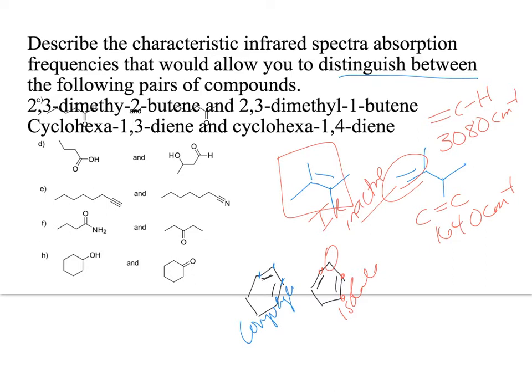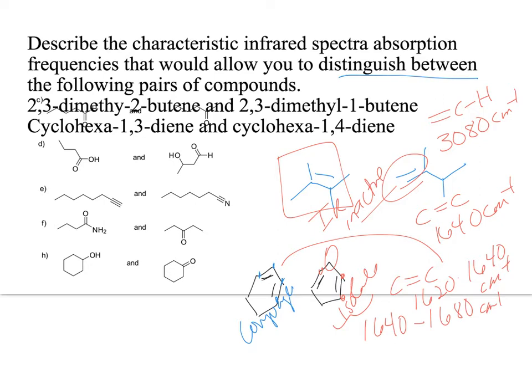So you know you have the carbon-carbon alkene peak, and that is between 1620 and 1640 reciprocal centimeters. Let's just call it wave numbers. That's for conjugated. The isolated are more like 1640 to 1680 wave numbers.